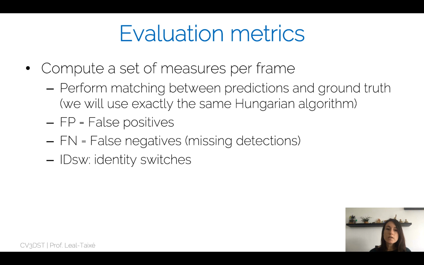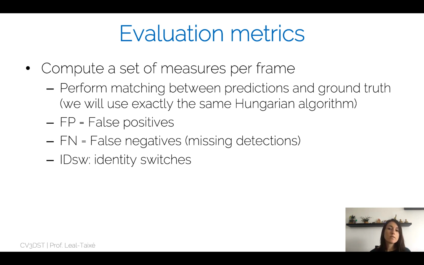And in order to do this, we will use exactly the same Hungarian algorithm as we have been using to match detections of frame t with detections of frame t plus 1. For each frame, we're going to compute a match between our predictions and our ground truth trajectories.